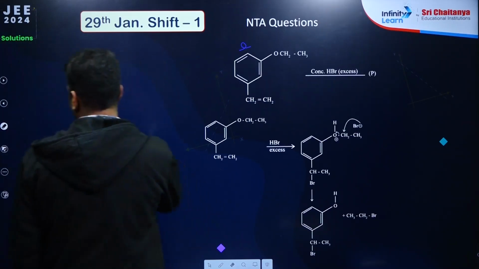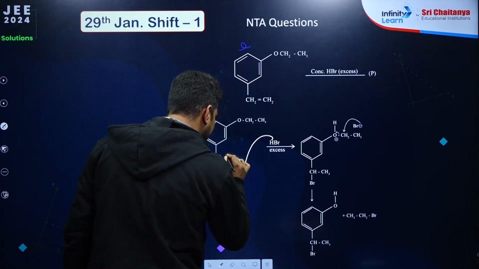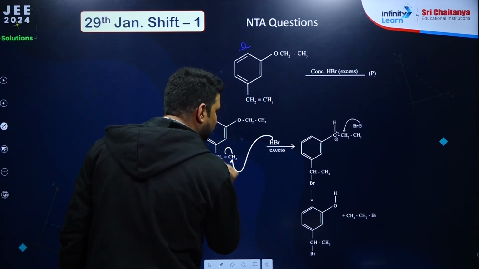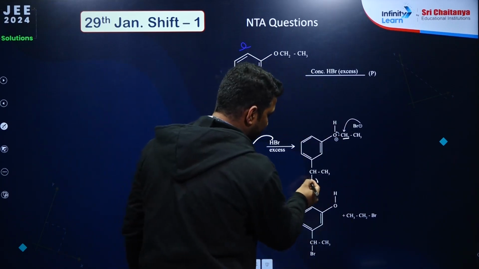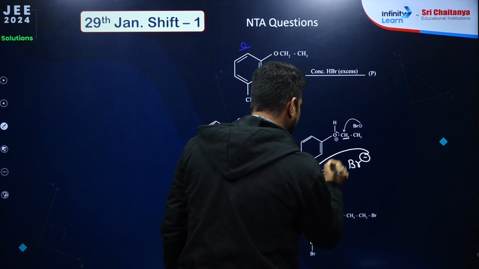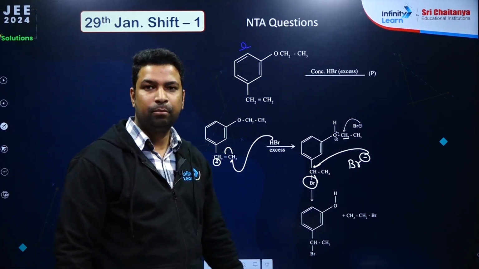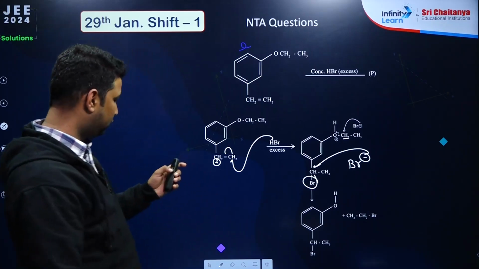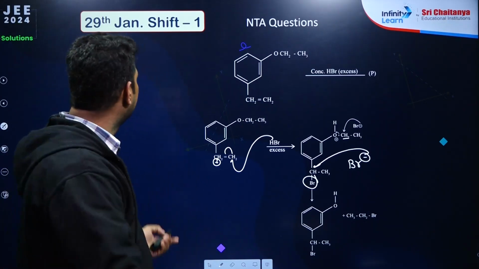You can see H plus will also attack this carbon. This bond will be broken and a carbocation will form. Then Br minus will attack this as well as this carbon. Since it is present in excess, one Br minus attacks that one. So your final product will be like this. This is the solution. It was a very nice question.